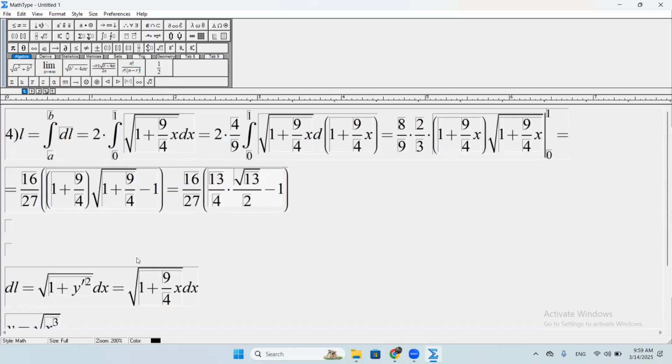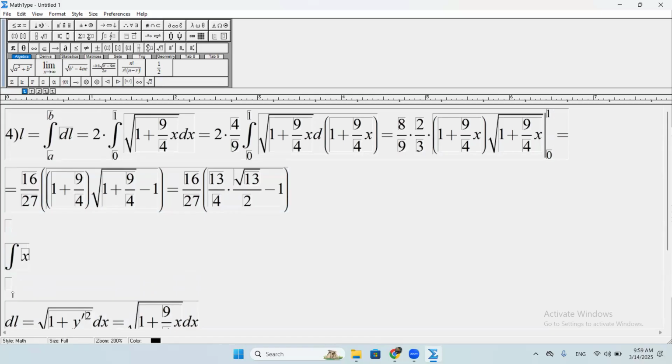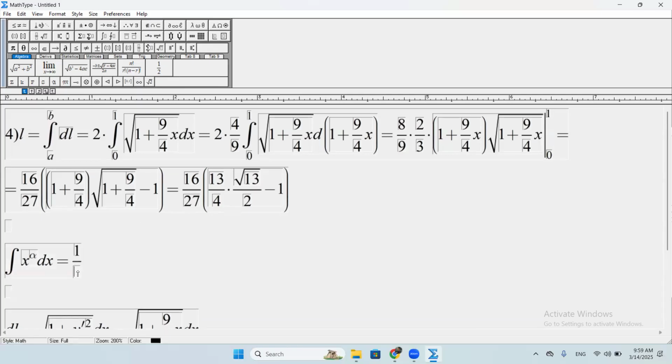How do we get this antiderivative in the last part of the first row? Yes, 2/3. Let me remind you: the integral of x in power of alpha dx is 1 over alpha plus 1 times x in power of alpha plus 1.